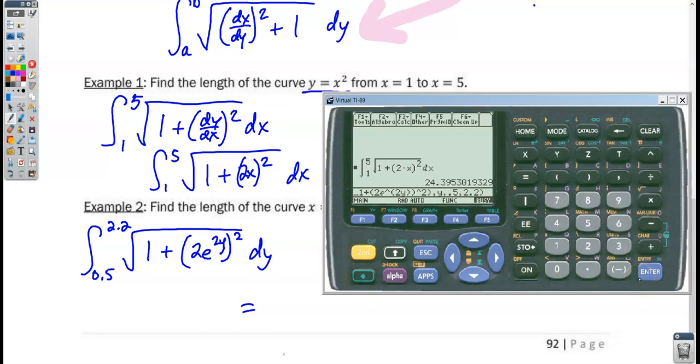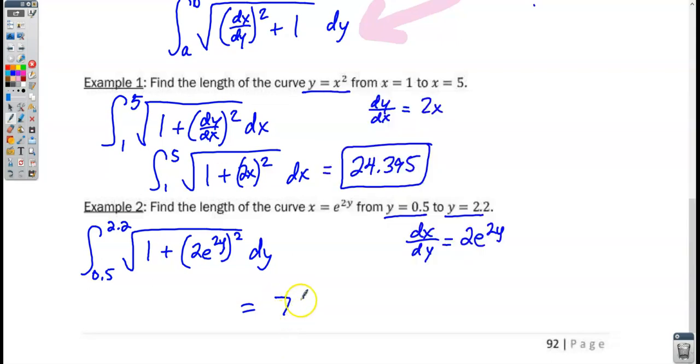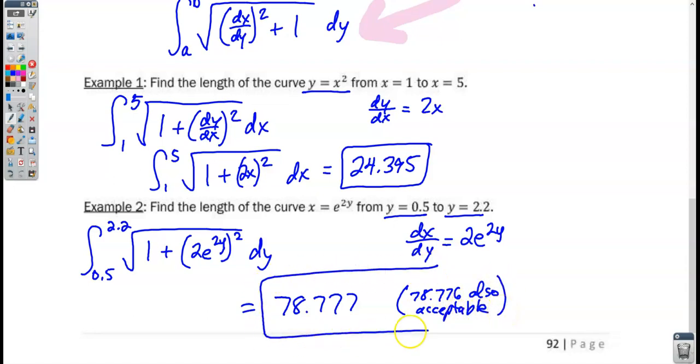And that gives us our arc length, 78.777. 78.776, also acceptable. And there's the length of that curve from one endpoint to the other.